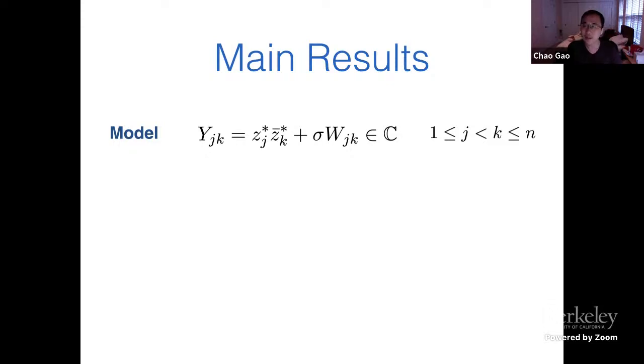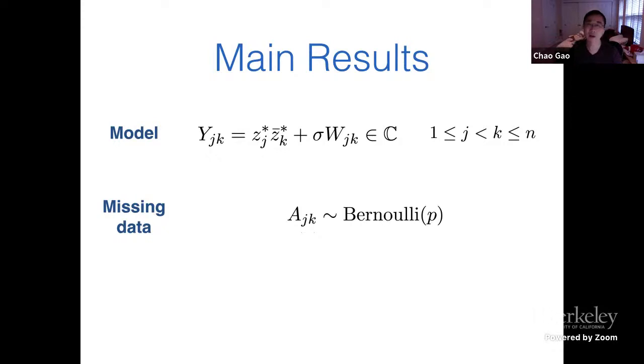But I would like to present the results in a slightly more general setting by allowing the possibility of missing data. So I'm going to introduce a random Erdős–Rényi graph here. The adjacency matrix has elements A_jk that follow i.i.d. Bernoulli distribution with probability parameter p. If A_jk is 1, that means there is an edge connecting j and k.